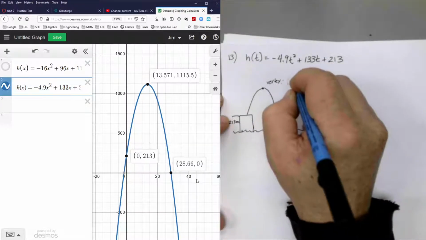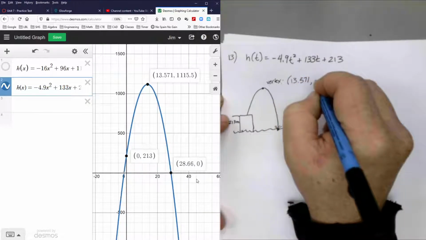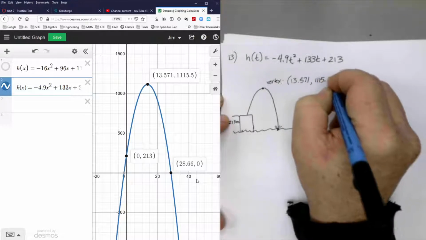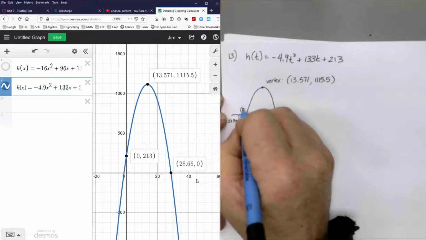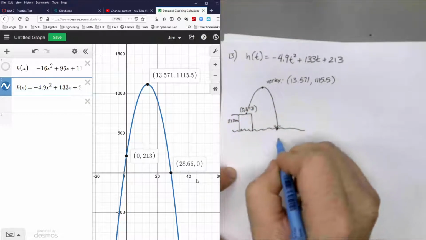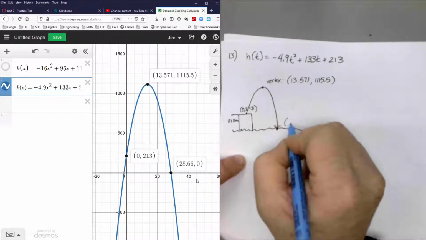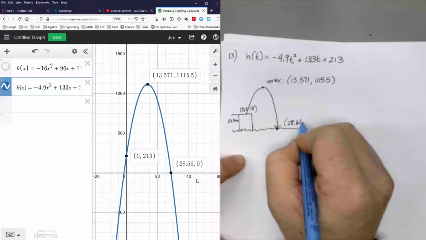So this is 13. The vertex is 7.11, 1115.5. My starting point, my y-intercept, is 0, 213. My x-intercept, where it splashes down and my height is 0, is 28.66, 0.